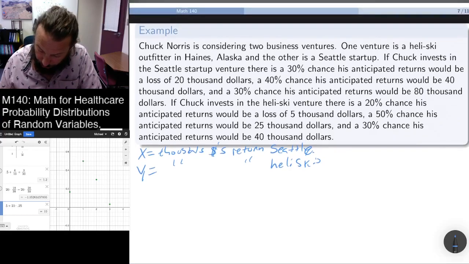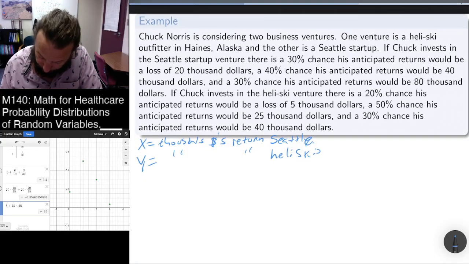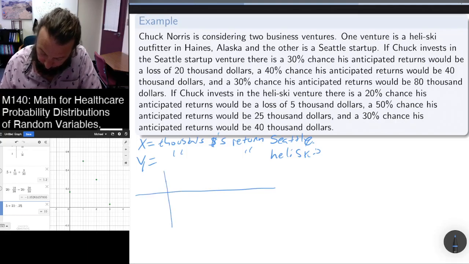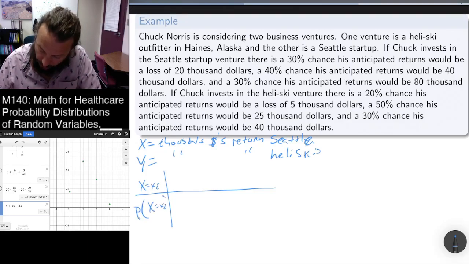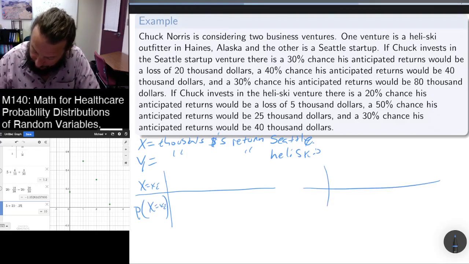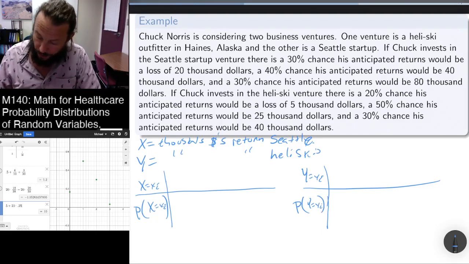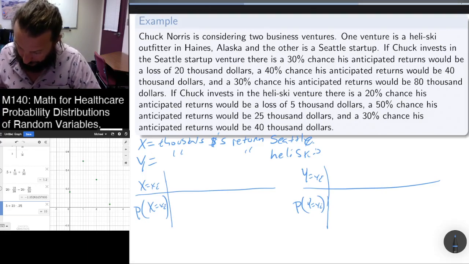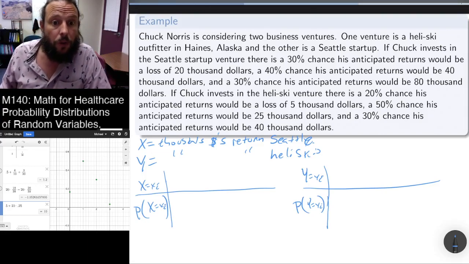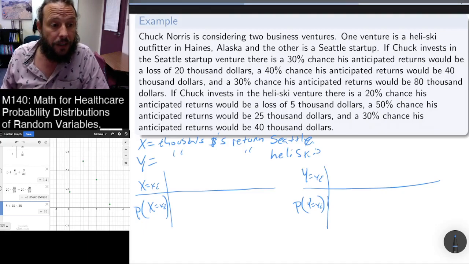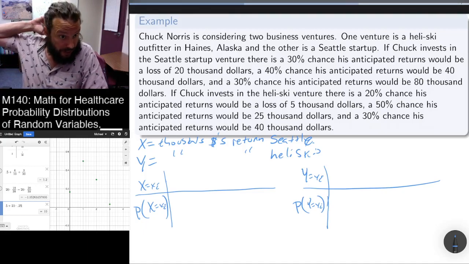We need two probability distributions, one for X, the Seattle, and one for Y, which is the heli ski. All right. Okay, so we've got to look at the problem. What can the X random variable take on? What values can that take on?